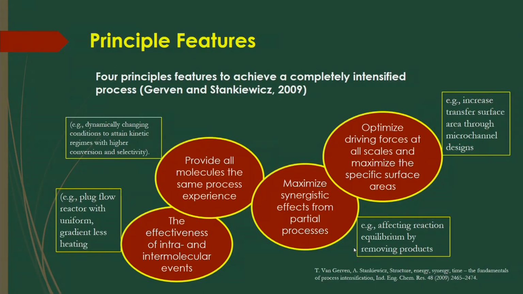Many factors affect the intermolecular phenomena of any chemical process, so some effects should be maximized to give the process yield. They maximize synergetic effects from the partial processes, which are considered before going to the intensification of the process.